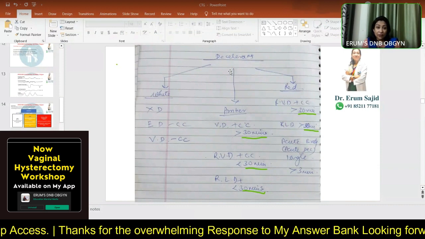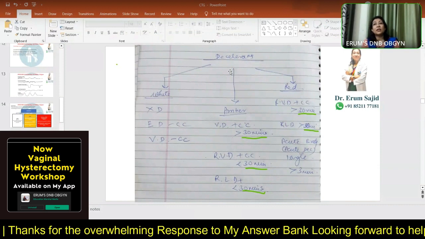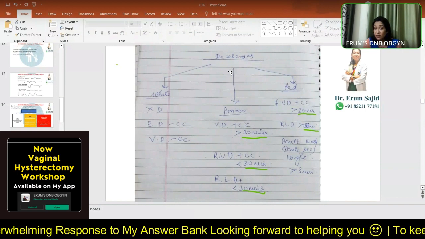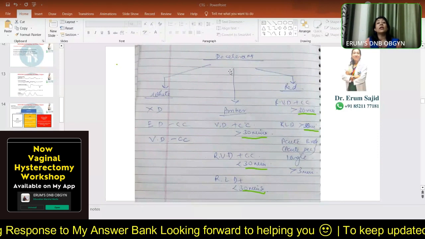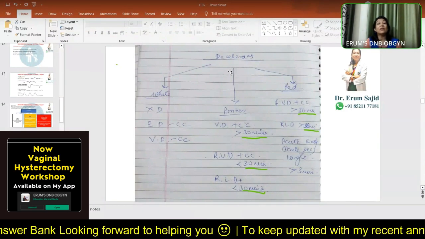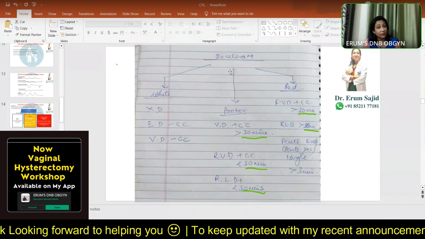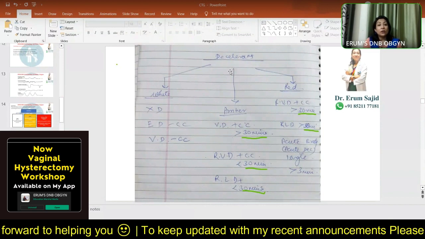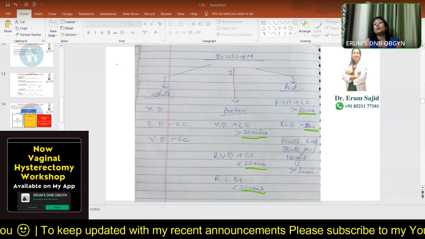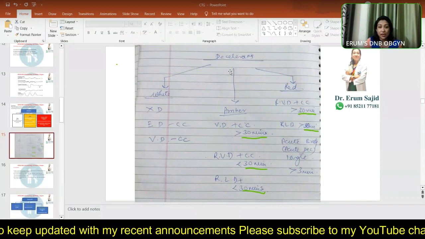Then you go to the amber category. What will you keep in amber? Either the variable decelerations have started having concerning characteristics and are coming for more than 30 minutes. You waited for 30 minutes and they're still coming, and now they're having concerning characteristics, earlier they were not. Or there are repetitive variable decelerations along with concerning characteristics even for 30 minutes. You'll club it as amber.